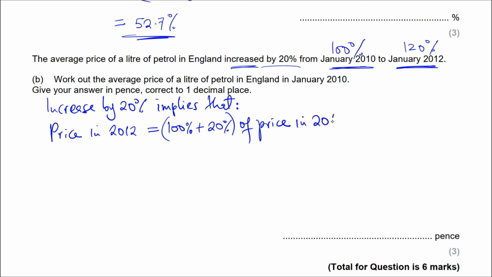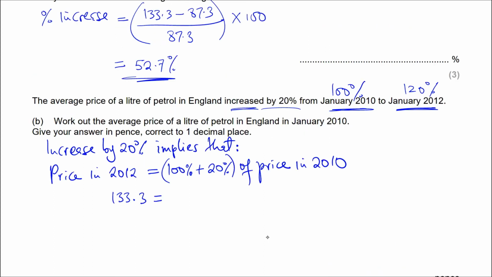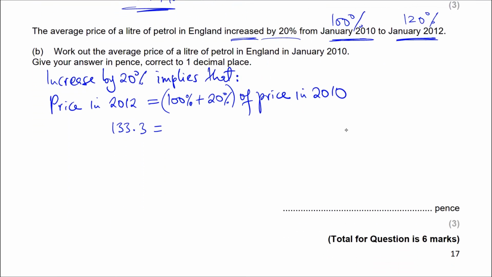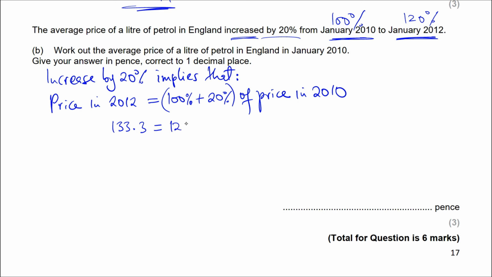Okay, so basically here the good news is that we have the price in 2012, which is 133.3 as it's given here in the question. So that implies that this will be equal to 120% multiplied by the price in 2010. And so what we need is basically the price in 2010.